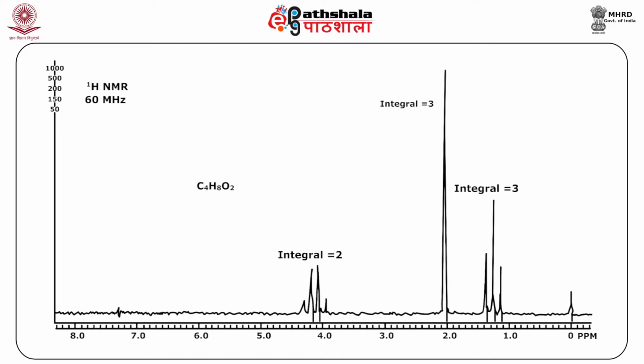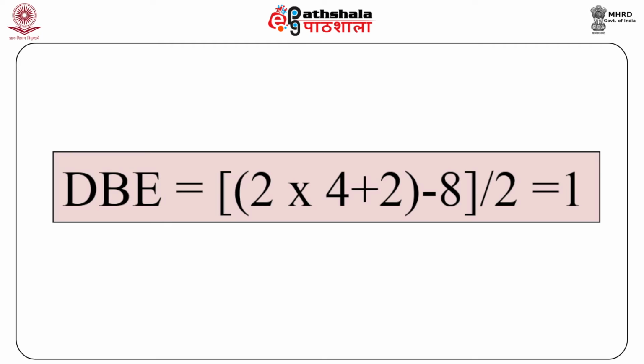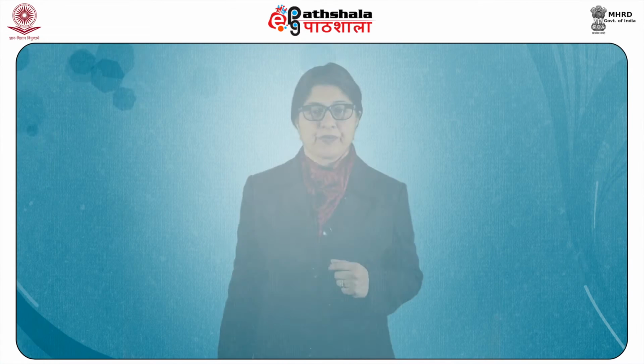We observe that the double bond equivalence, which is equal to (2 × 4 + 2 − 8)/2 = 1, where 4 is the number of carbon atoms and 8 is the number of monovalent atoms, indicates that the compound is an ester which has one double bond, accounted for by the carbonyl group C=O of the ester group.